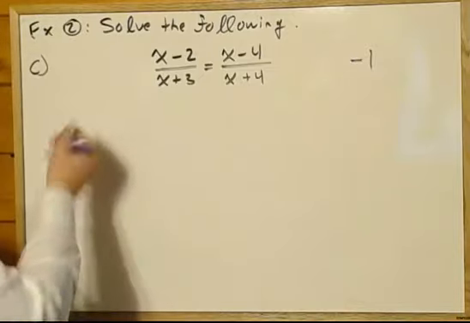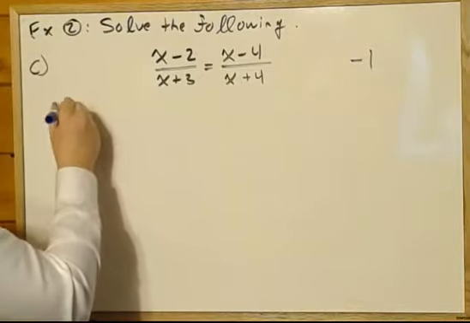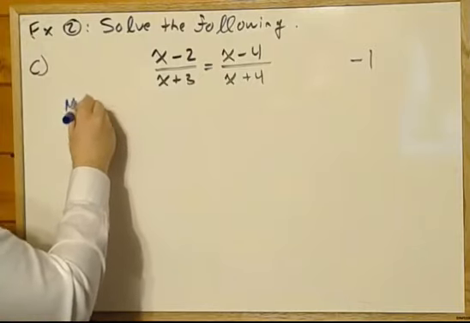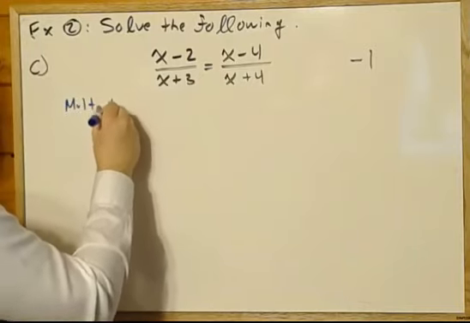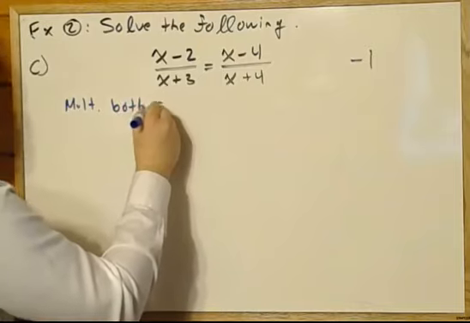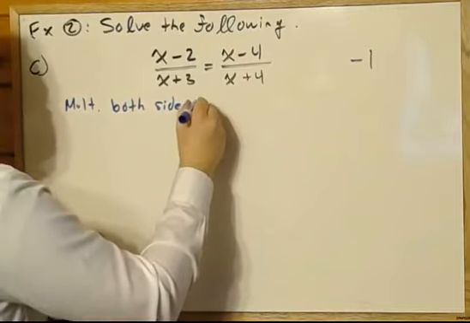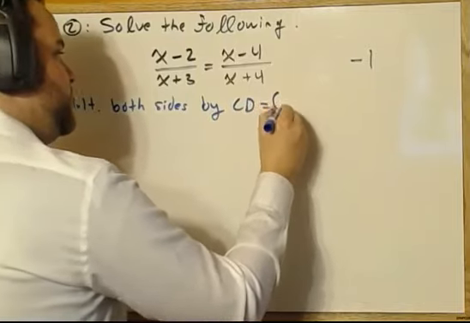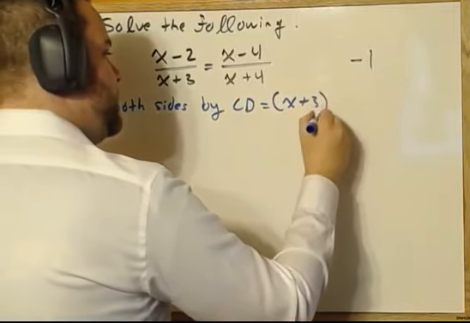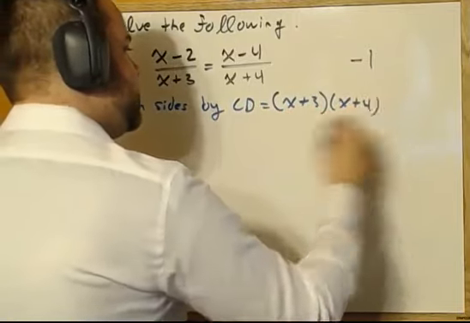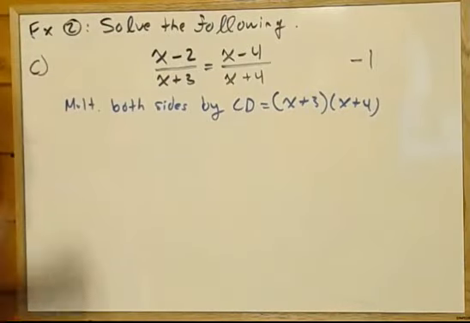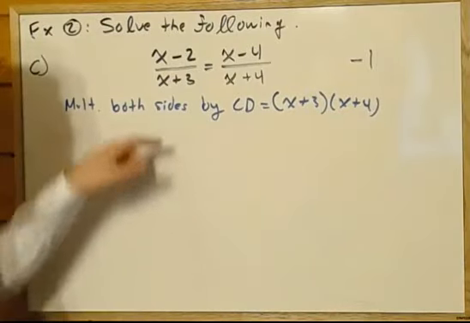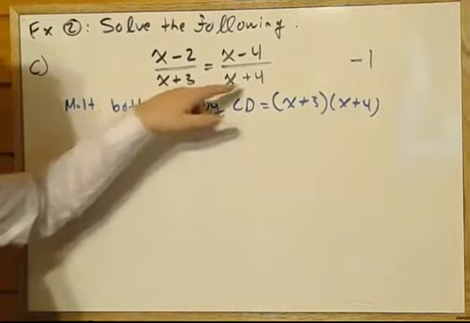So here we are going to multiply both sides by the common denominator, CD, which will be equal to x plus 3 times x plus 4. But now when I say both sides, that actually means that we're going to end up multiplying out 3 terms.